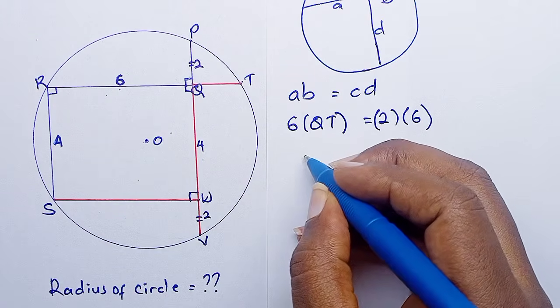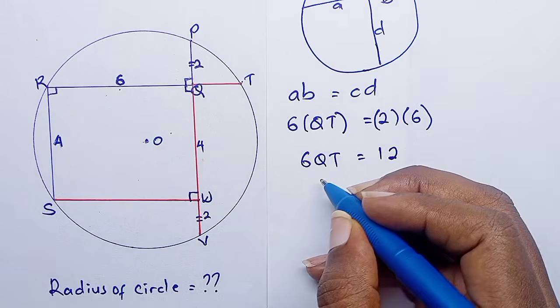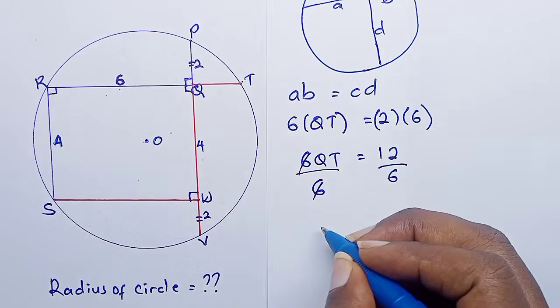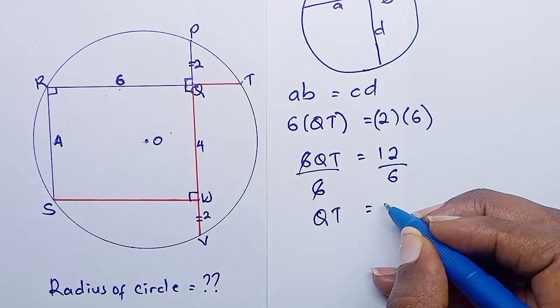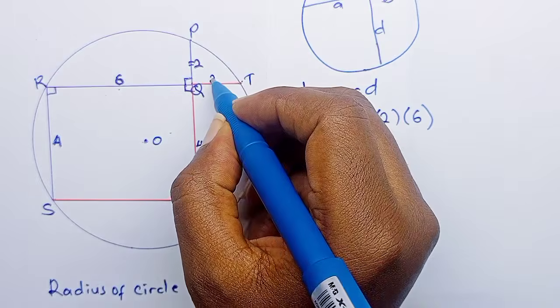So this will be 6 times QT is equal to 2 times 6, which is 12. So divide both sides by 6. And so QT is equal to 2. Therefore, from here to here is 2.